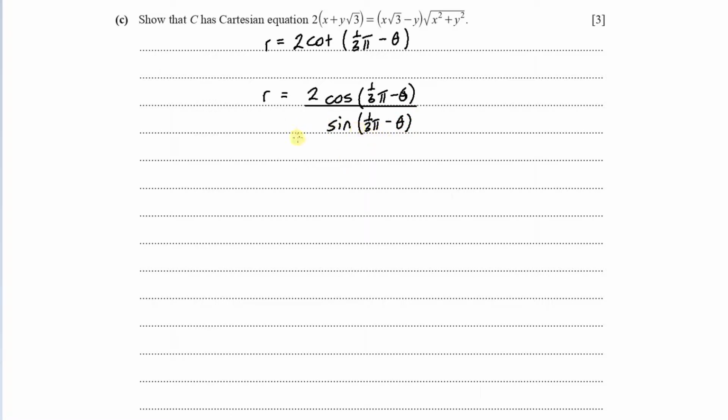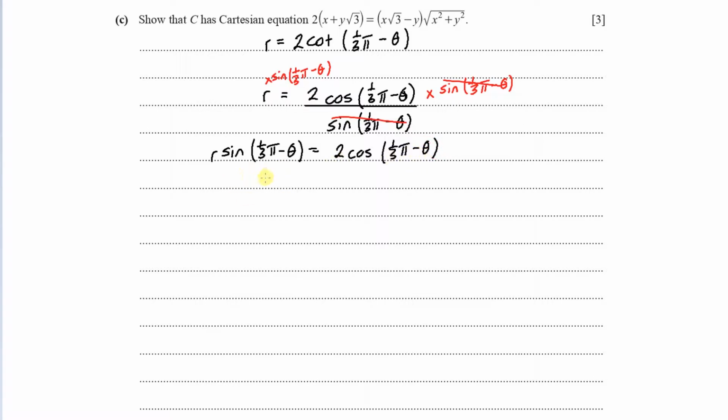Now I can multiply both sides by sine of a third pi minus theta. So this 2 will cancel. And on the left side we'll be having r sine of a third pi minus theta is equal to 2 cos of a third pi minus theta.